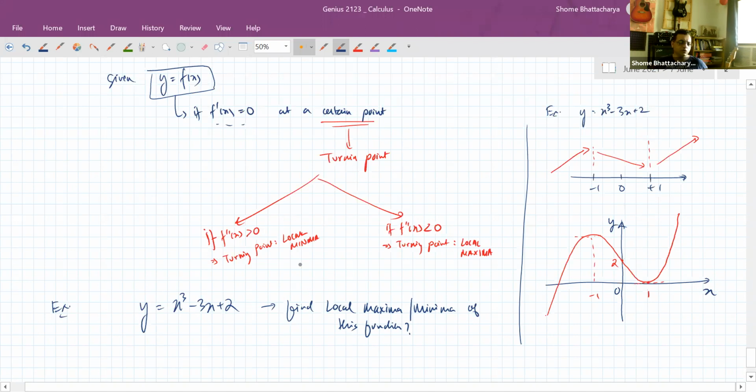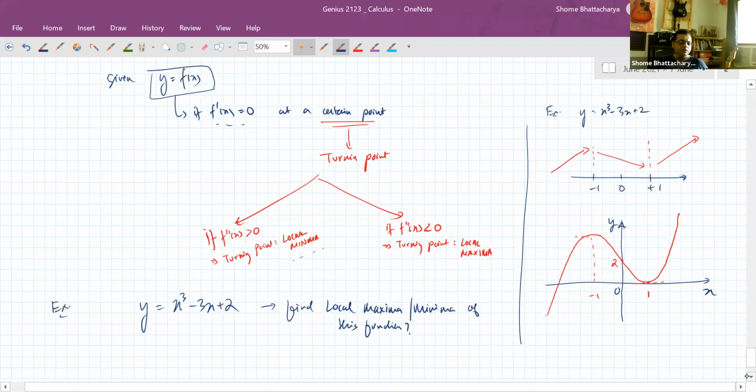There might be no turning point, there might be infinite turning points, there might be one turning point. It all depends on the nature of the function. Then, check the value of the second derivative of the function at each of those turning points. If at a given turning point the second derivative is positive, it is a local minima type of turning point. If the second derivative is negative, it's a local maxima type of point.